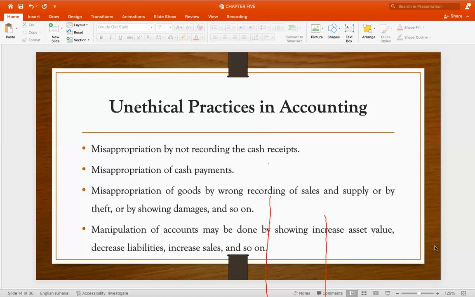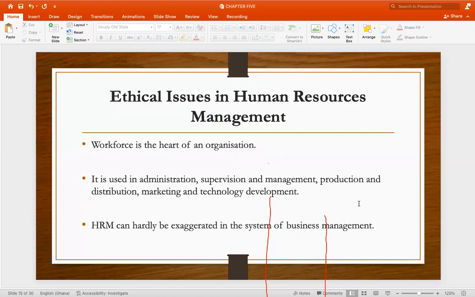So, the ethical issues in human resource management: the workforce is the heart of the organization. So human beings must be treated fairly and equally and should not be disregarded in any way, because they are the heartbeat. Without that workforce, the organization does not exist.